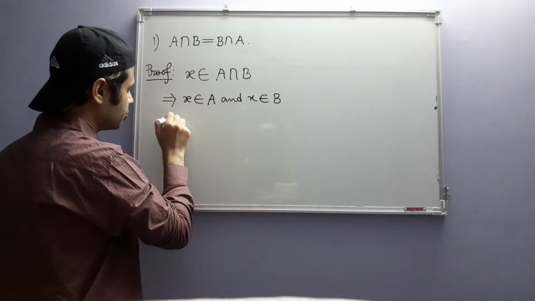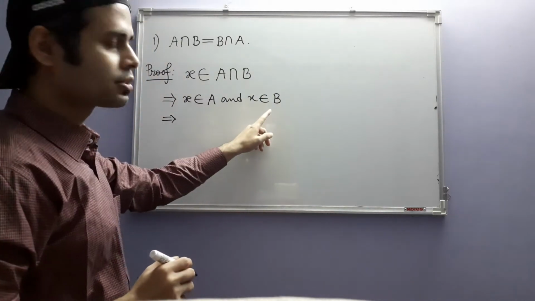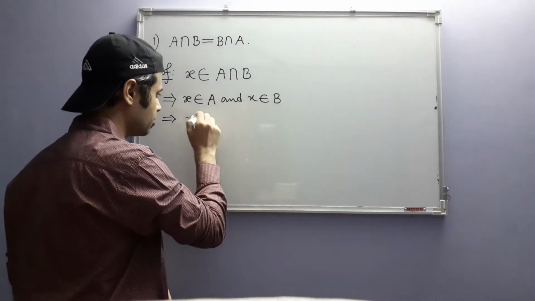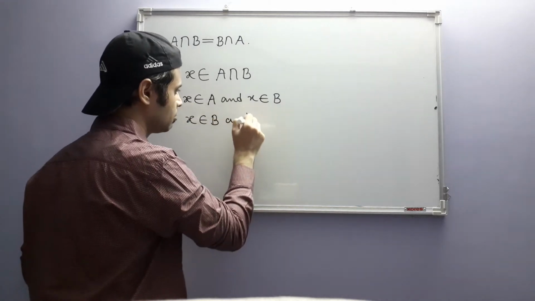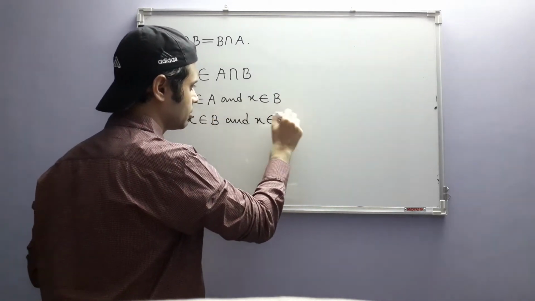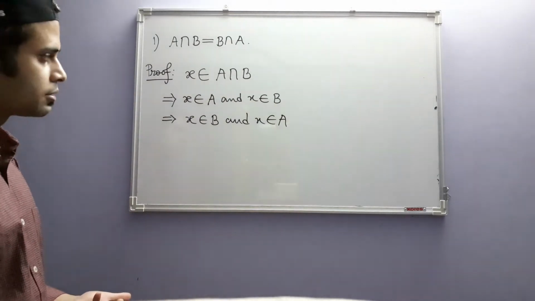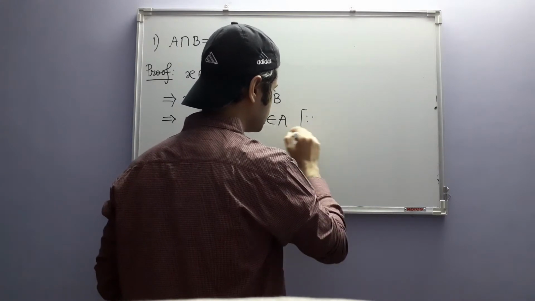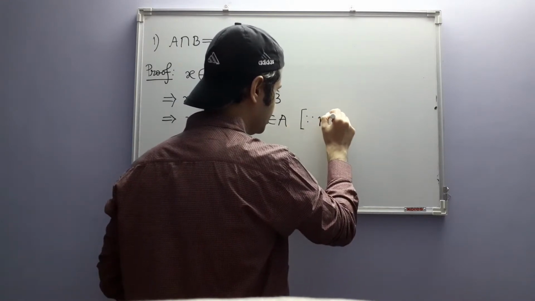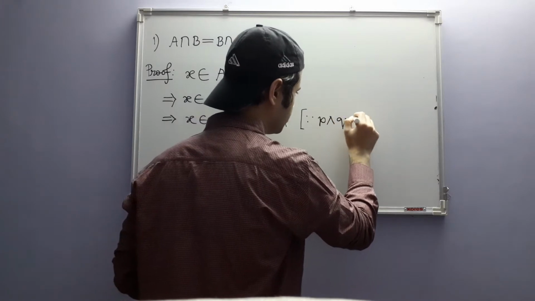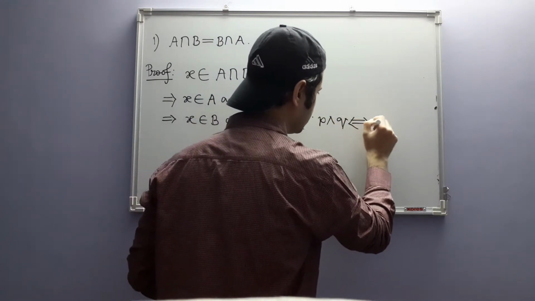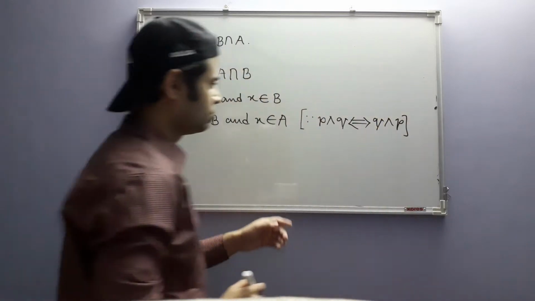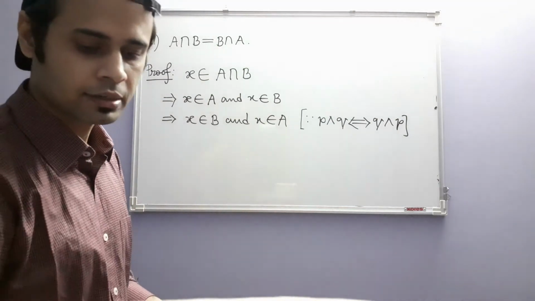So just like before, we can switch these two simple statements in this conjunction. We can write x belongs to B and x belongs to A. This is because of this property: since P and Q is equivalent to Q and P, although we are using only one part of this equivalence.